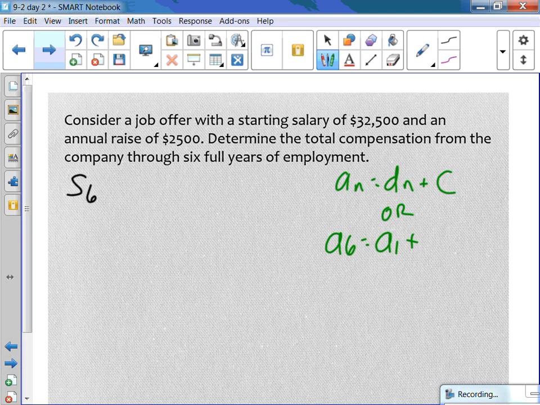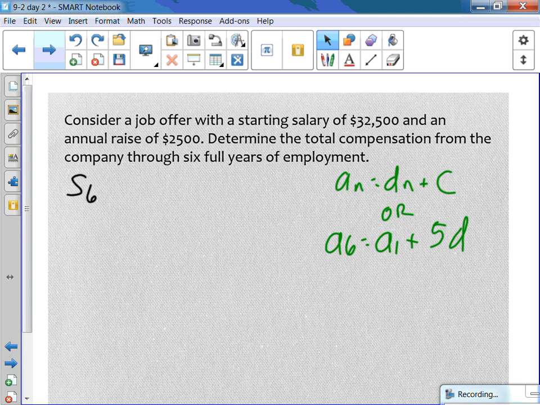Going between my first term and my 6th term, from the first term to the 2nd term, I added 1d, right? Common difference. Then I added another d to get to the 3rd, and so forth. So I've added my difference 5 times, right?